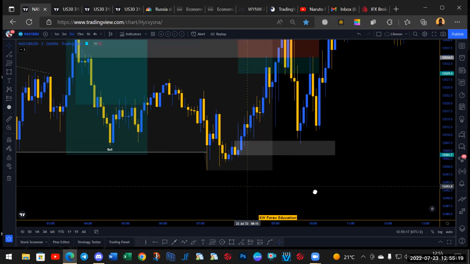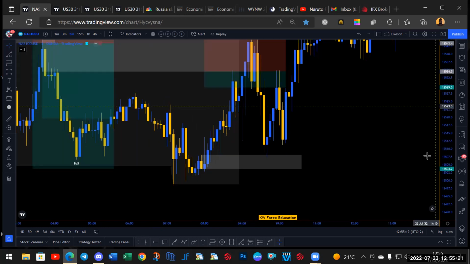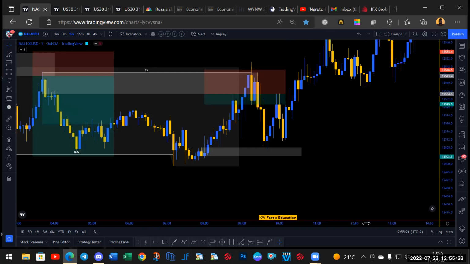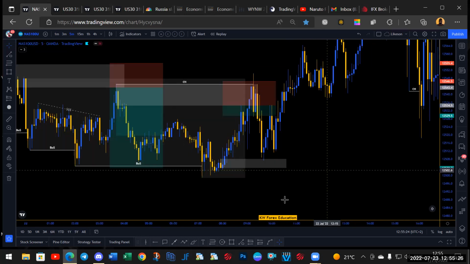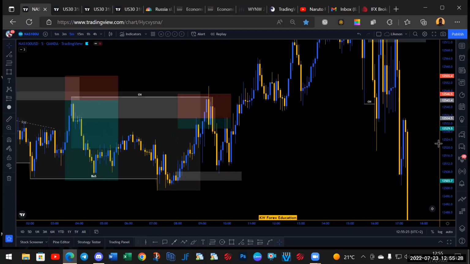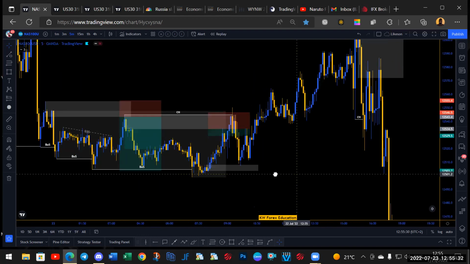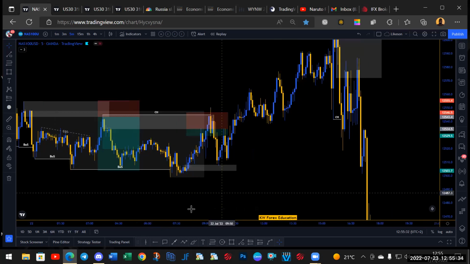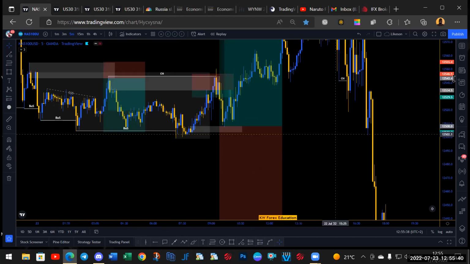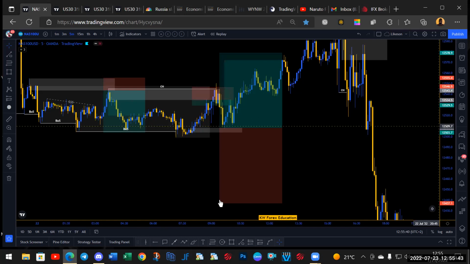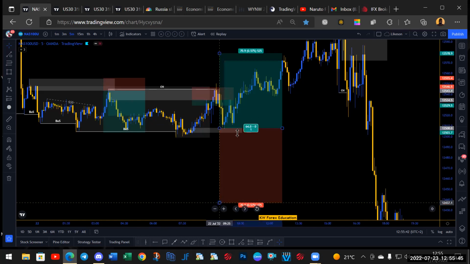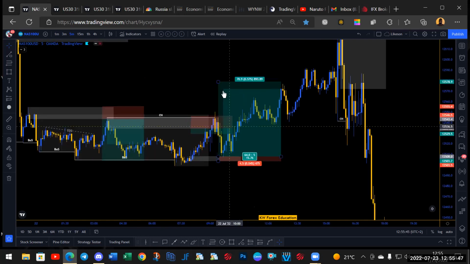So after you refine your order block, you want to buy from there.